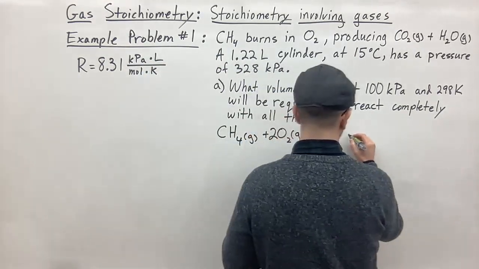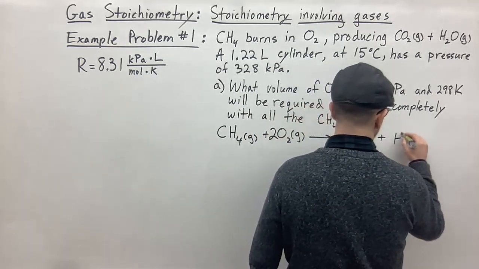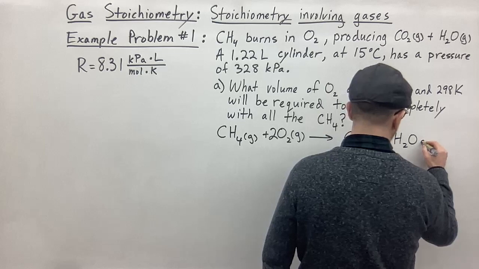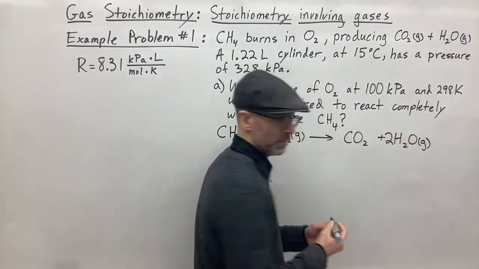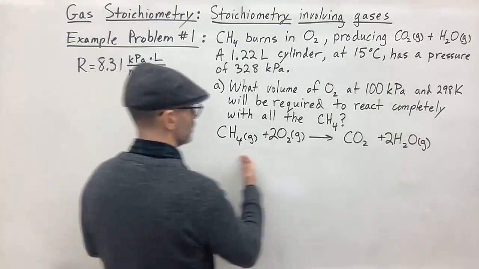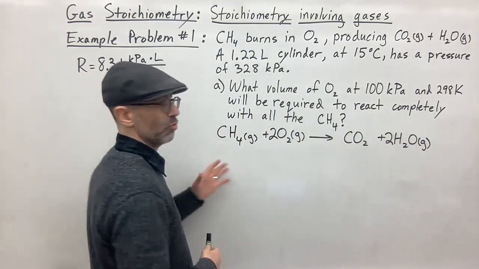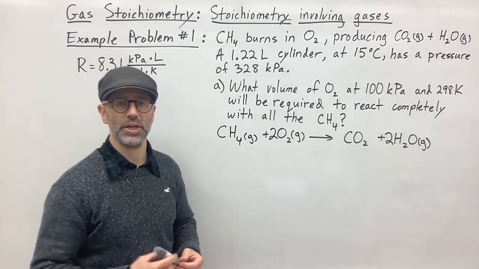That's going to produce CO2 gas plus water vapor, or gaseous water, and there should be a 2 in front of there as well. Here is our balanced equation. For stoichiometry, you always need a balanced equation so you can get that mole ratio.